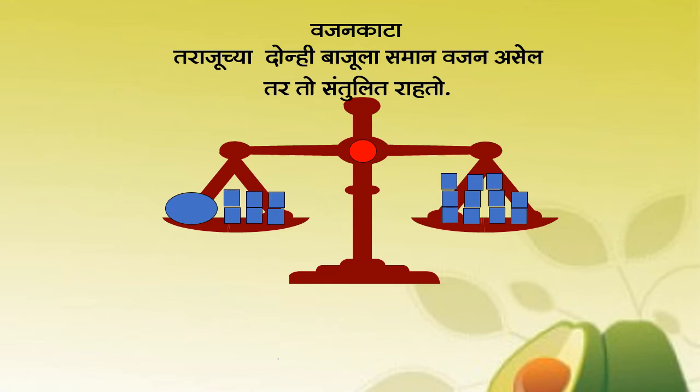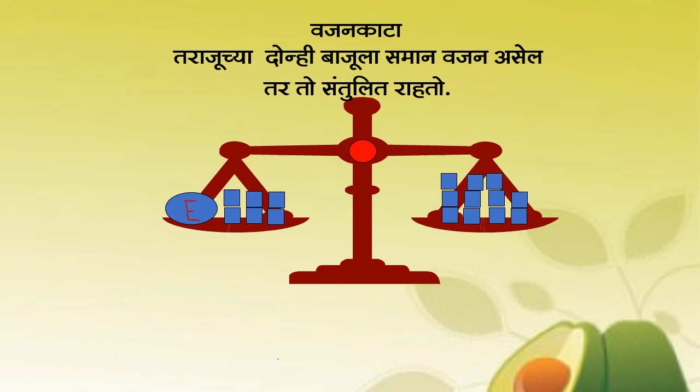Suppose this is an egg, we will denote it with E. So on the left hand side, in the pan, there is an egg, and how many blocks are there? 6 blocks are there. And on the right hand side, you will find out how many blocks? 1, 2, 3, 4, 5, 6, 7, 8, 9, 10, 11.